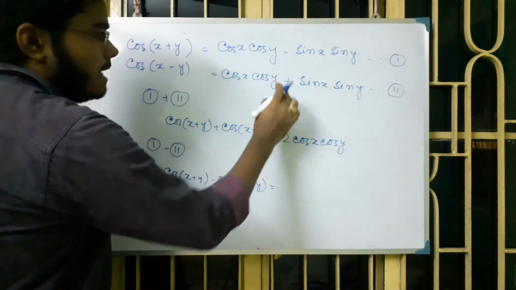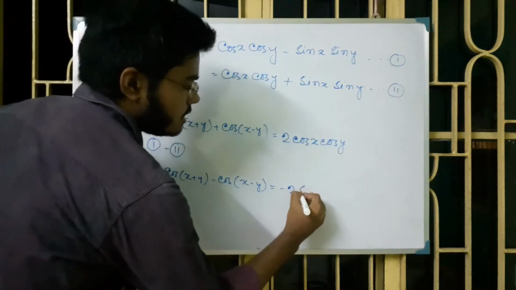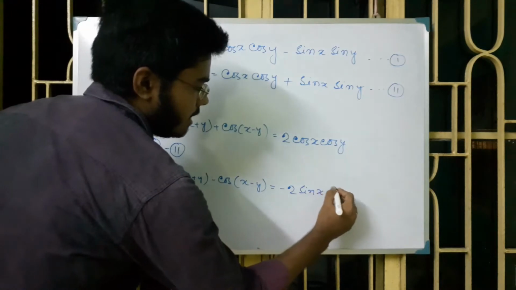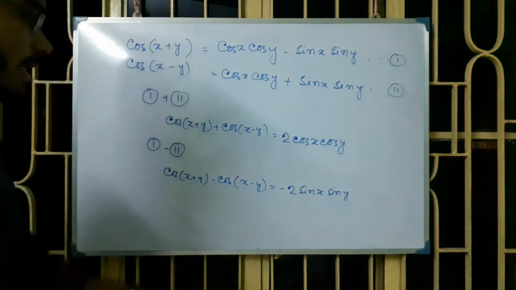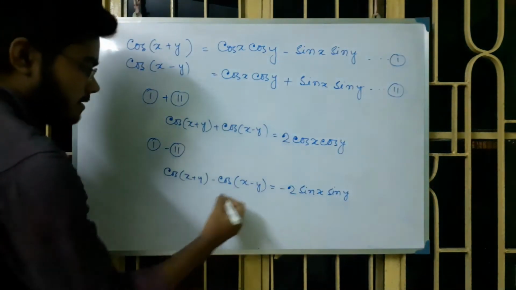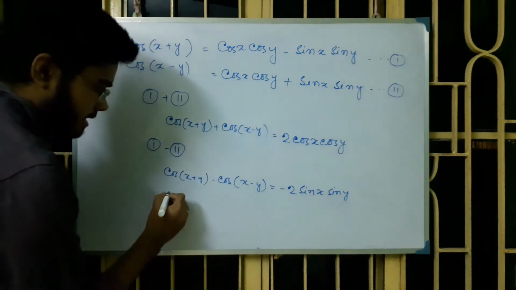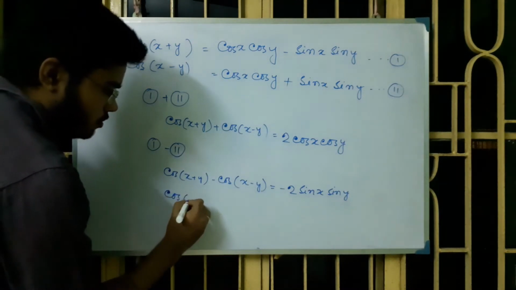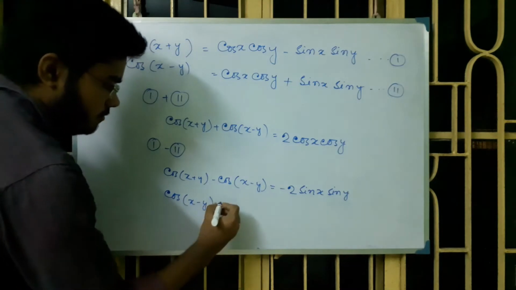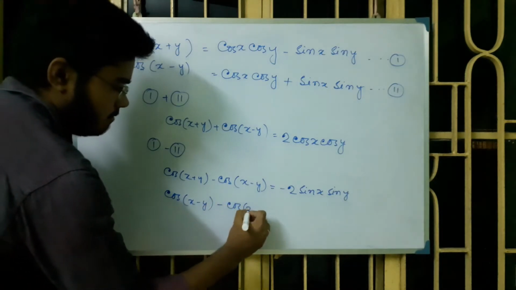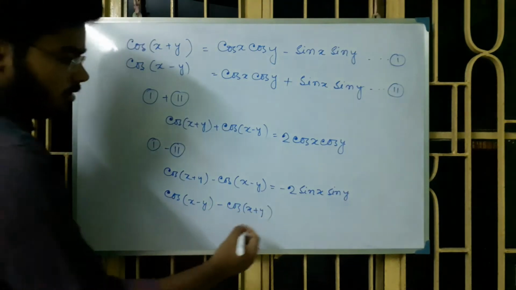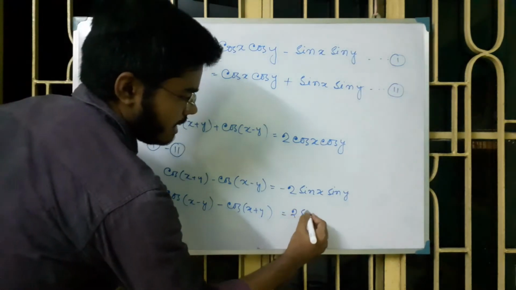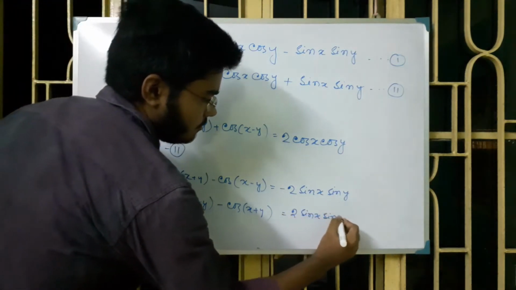So minus and minus, minus 2 sin x sin y. Taking this minus sign to the left hand side, cos(x−y) minus cos(x+y) equals 2 sin x sin y.